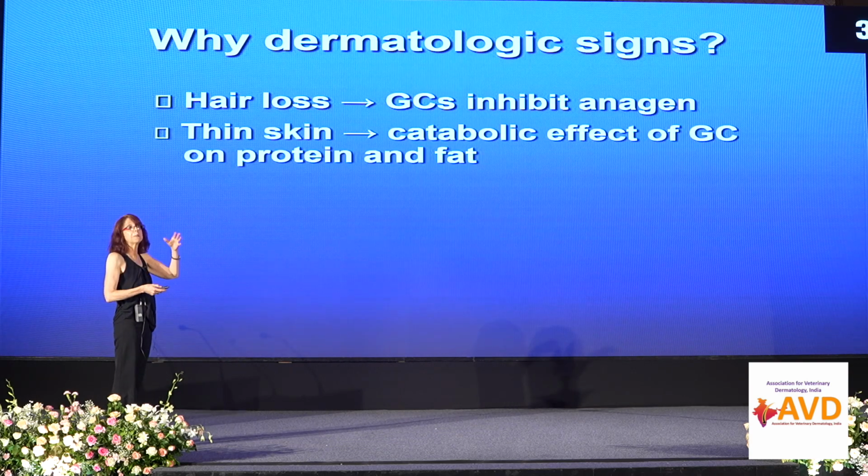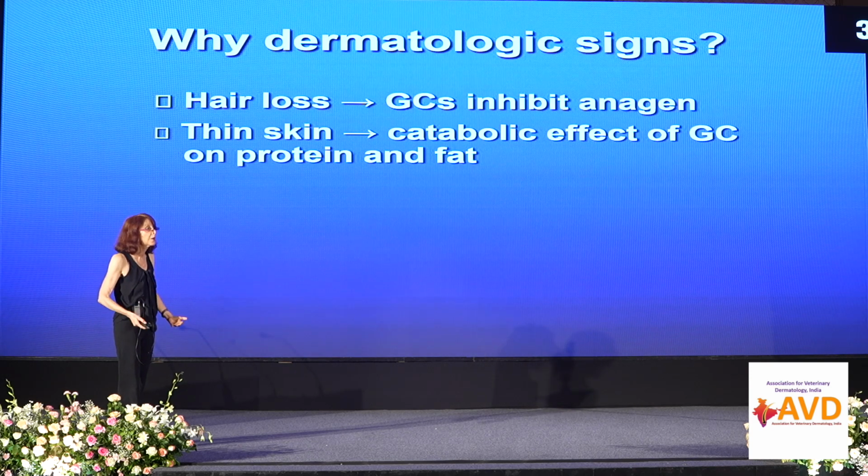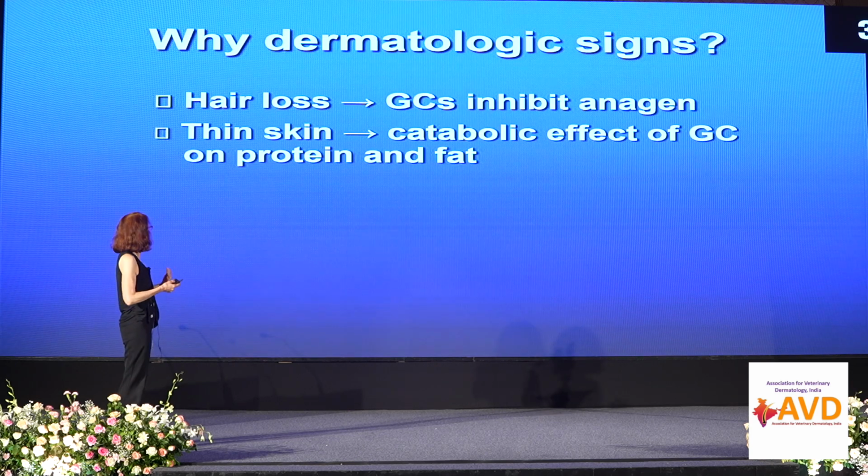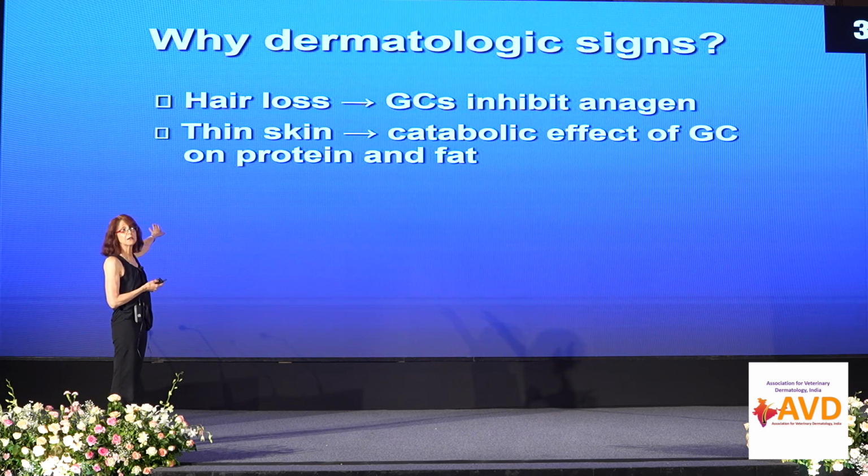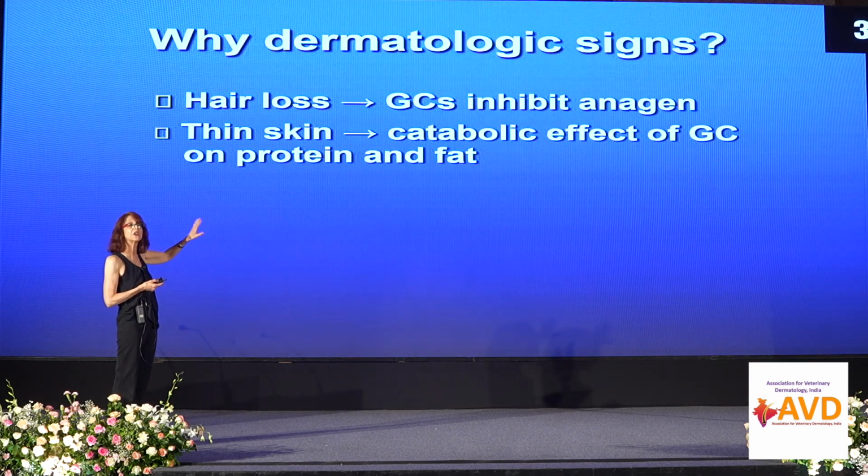Again, tends to be symmetrical. Distribution is similar to hypothyroidism. It's non-inflammatory. It's non-pruritic, okay? Thin skin, which we don't see with hypothyroidism. Actually, in hypothyroidism, very chronic cases, you have thick skin because of accumulation of mucopolysaccharides in the skin.